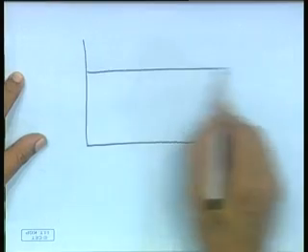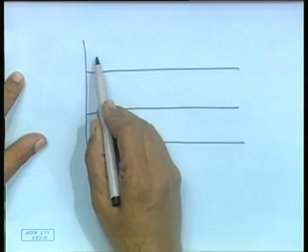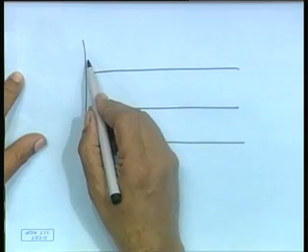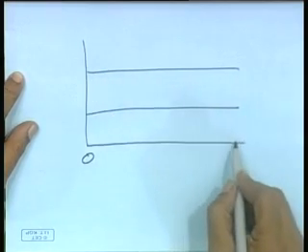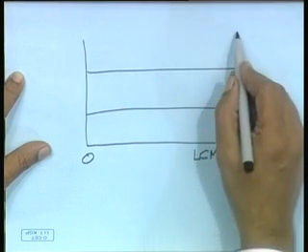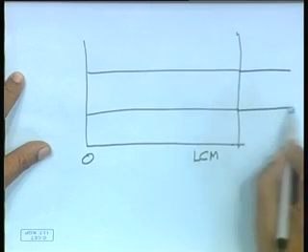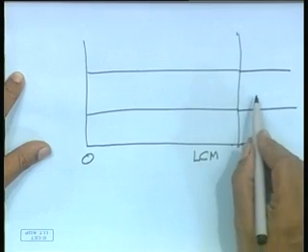Okay, let me just draw. So, different tasks. So, if they are starting in phase from 0, then after LCM of P1, P2, P3, they are all again similar condition will occur, and they will again repeat their occurrence here because these are periodic tasks.